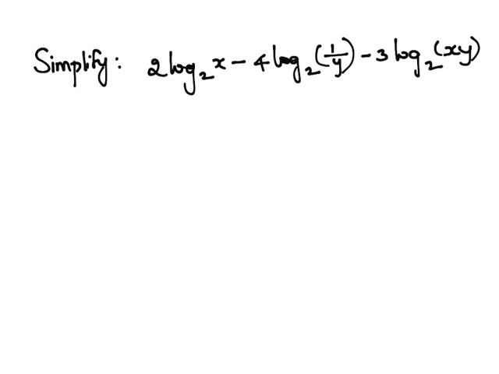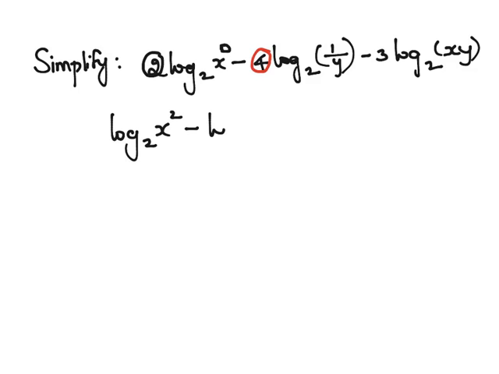Fine. So now let us simplify this expression. I'll use the power law first. So this 2 I take it here, and I take it here. So I get log of x squared to the base 2 minus, same thing I'll do here.